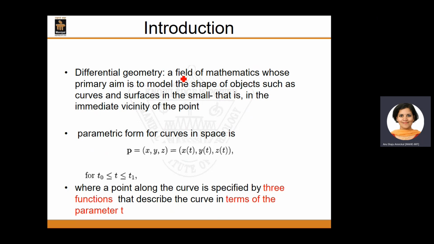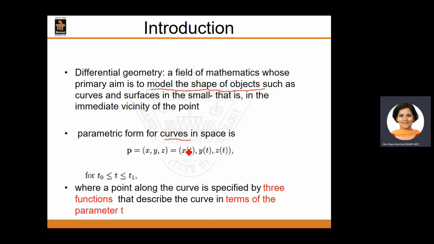Basically, differential geometry is used to model the shape of objects. It can be curves or surfaces and so on. The study by which we learn how to model different shapes of objects is what we call differential geometry. And we'll quickly go through some basics.